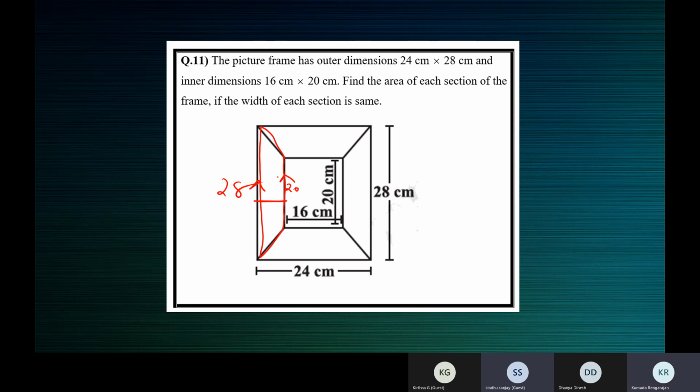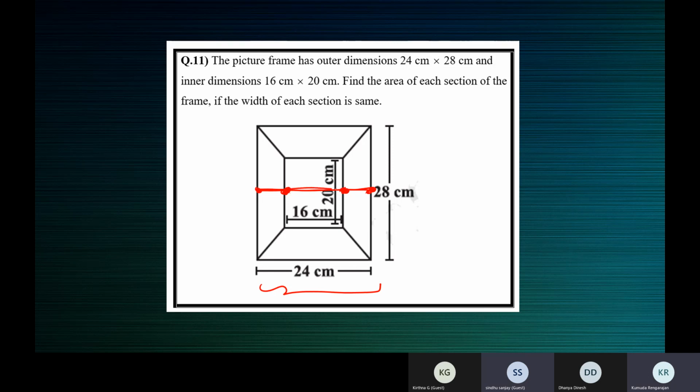Yeah, because it's the same thing. It's given that the width is uniform, but you can even work it out now. This whole thing is 24. From here to here is 24 because you can see it here. But from here to here, it is how much? 16, ma'am.